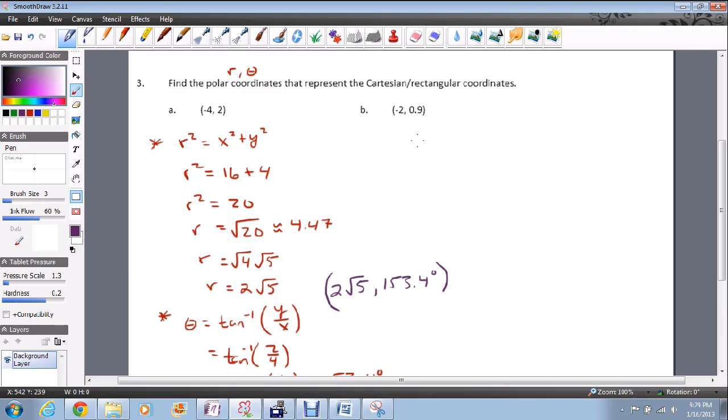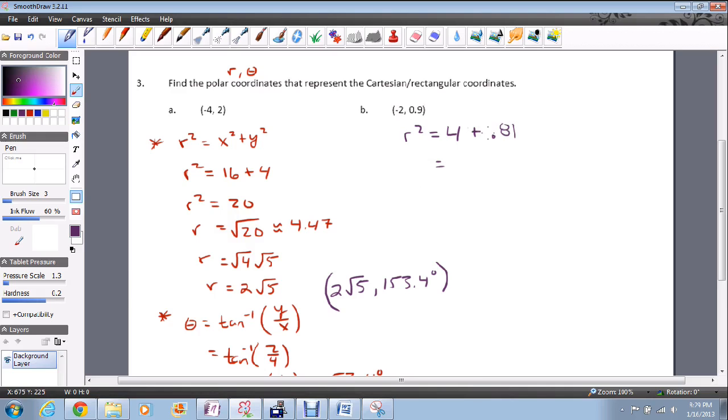So in order to figure out what R is, again, I'm going to take R squared is equal to negative 2 squared. Negative 2 squared is just positive 4. I'll write 4. 0.9 squared is 0.81.